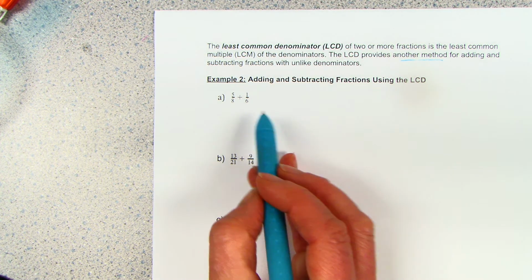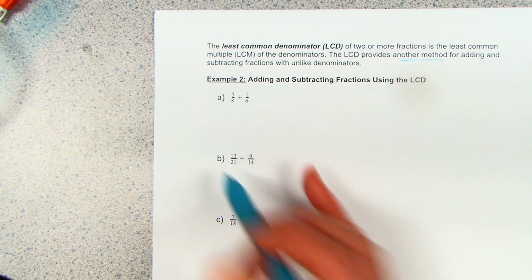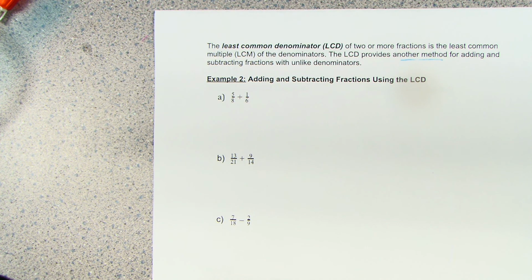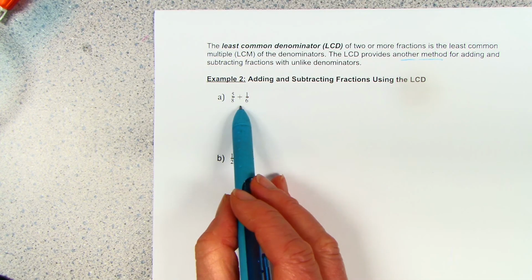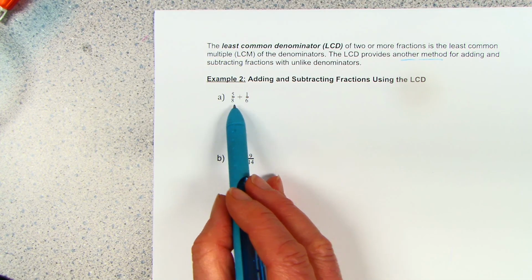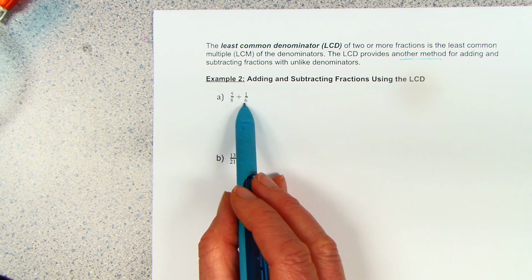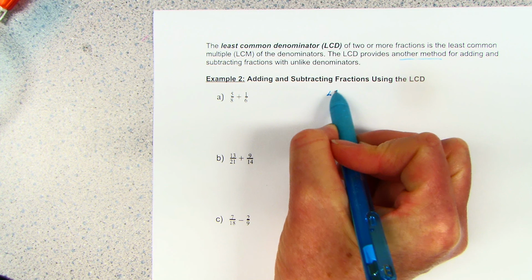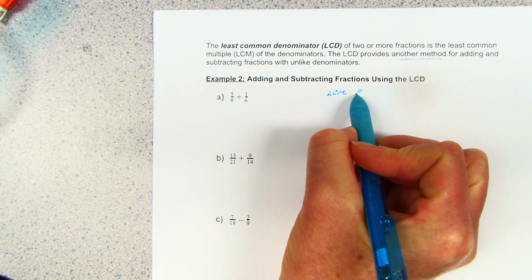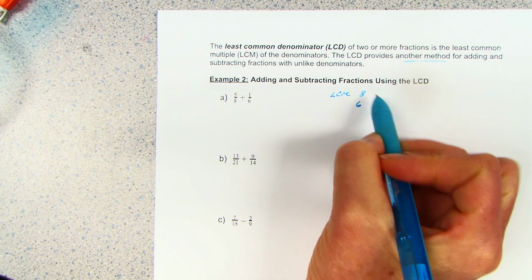But when we get to B, maybe we'll see why an LCD is a good option. Right? So for the first one, this is the same problem that we just did, but this time instead of going 8 times 6, I'm going to look for the least common multiple of 8 and 6.